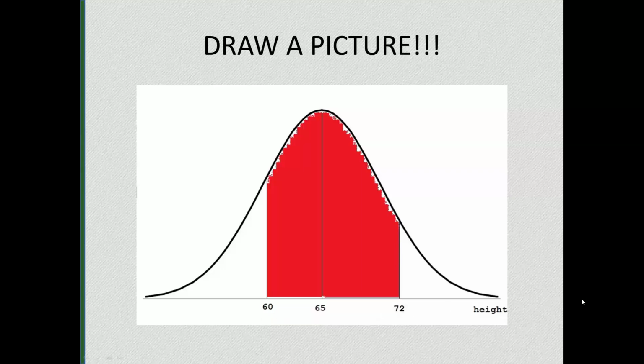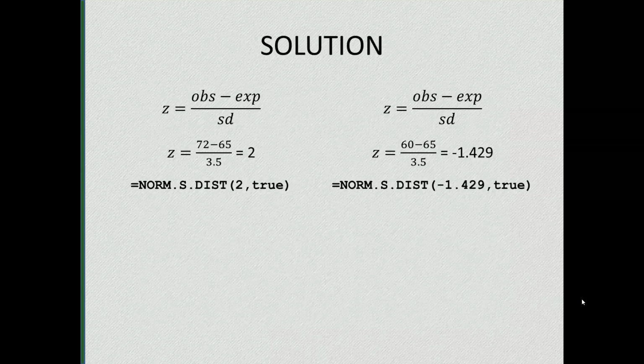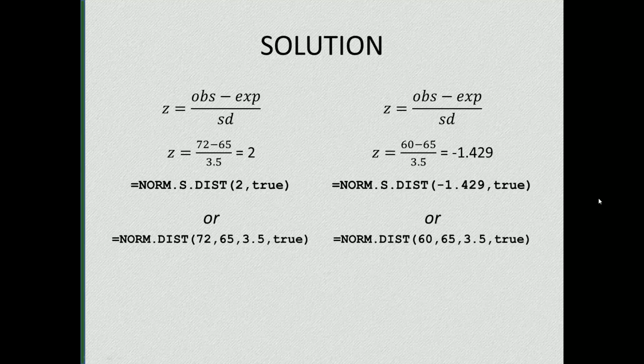We could use a standardized approach, find the z-score. 6 foot tall, 72 inches is 2 standard deviations above average. 5 foot, 60 inches is 1.4 and some change standard deviations below average, and find the standardized probabilities there. Or we could type in directly using the unstandardized formulas. Either way, we'll get to those numbers.